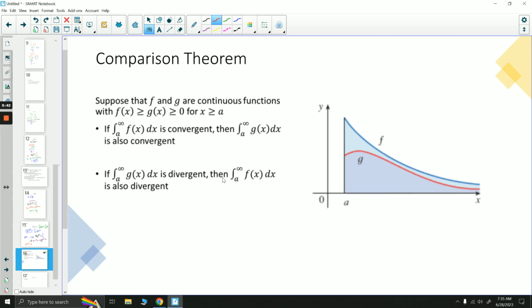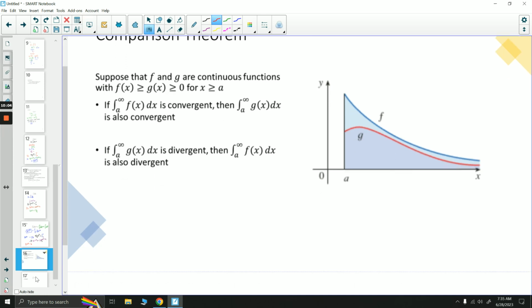And if we can't find exactly what it converges to, we can at least approximate it. But if we know it diverges, we know not to waste our time trying to approximate or find the definite convergence there. So that's actually a pretty useful thing for us. And as mentioned, we use it a lot when we start talking about series. So let's go ahead and take a look at how we use this.